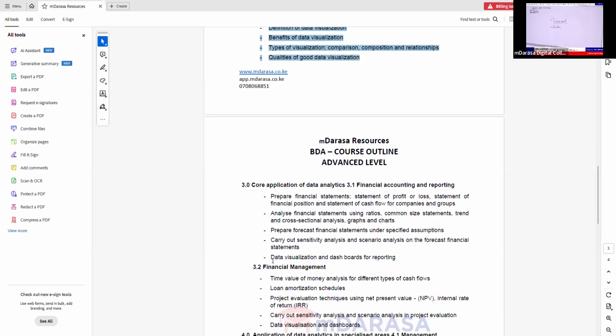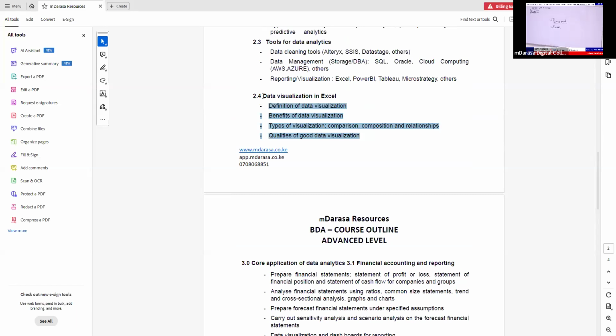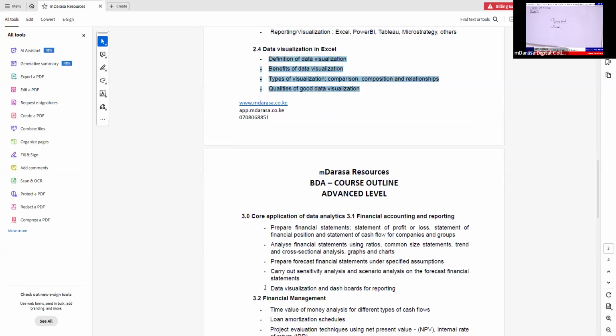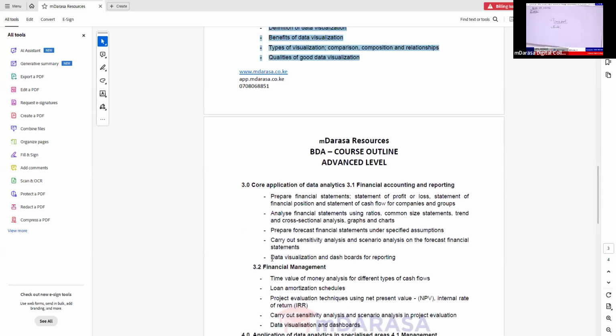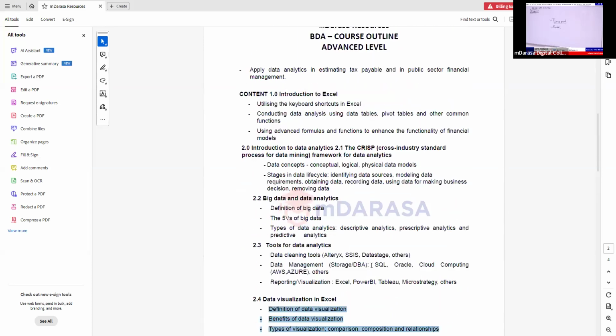And of course, the data visualization. Whatever we are going to cover here is exactly the same thing that will be repeated in financial reporting. Because once you've understood how to present your data at this point, doing this visualization after we have prepared our income statement and our statement of financial position will be very, very easy. So as we are starting this, this is one of the most important topics that you must always have at your fingertips.